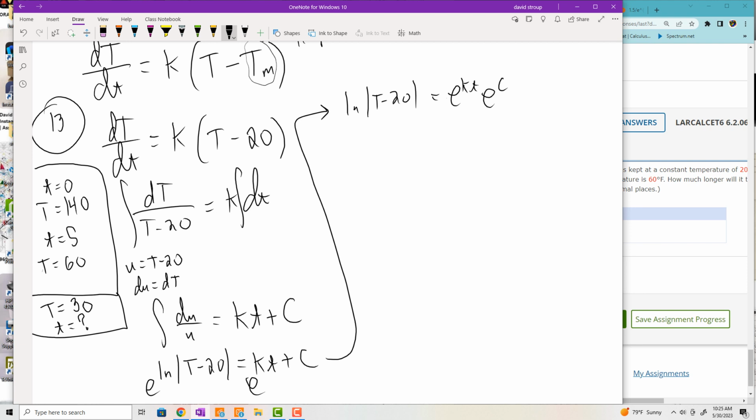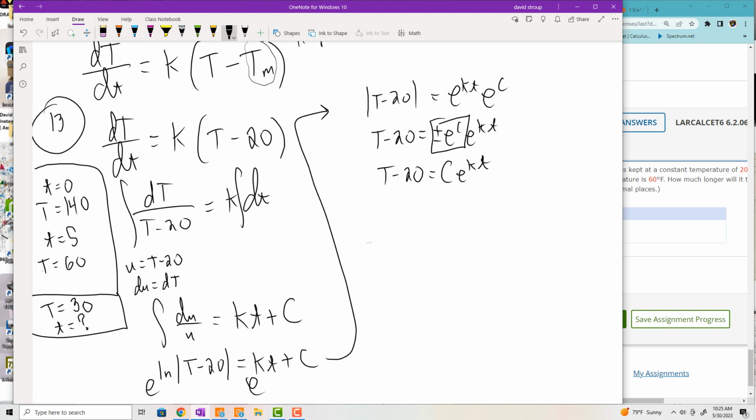Whoops, I need to get rid of the absolute value, so drop that, replace with plus or minus, and then replace this thing with a constant. There are restrictions on some of these values, but we can proceed in this way. We'll get the answer correctly.